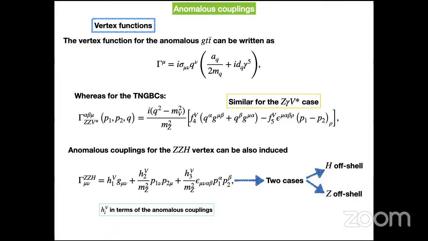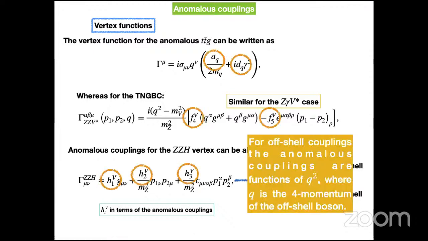And the other case is, we have a Z boson off-shell, and thus the Higgs boson is on-shell, and the other Z boson is also on-shell. As we are discussing off-shell couplings, these anomalous couplings must be functions of Q squared.